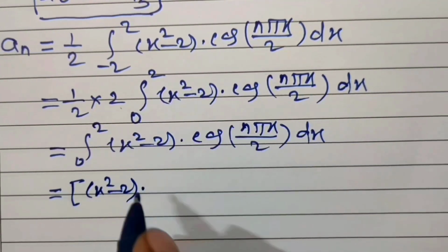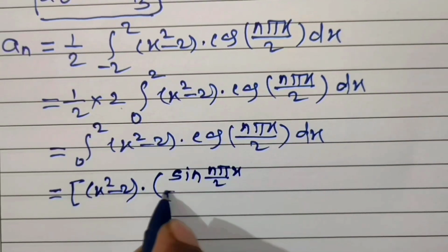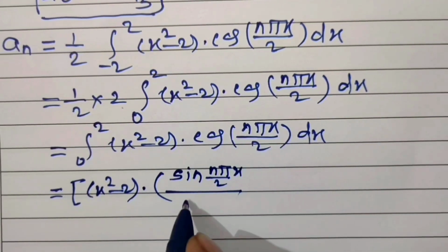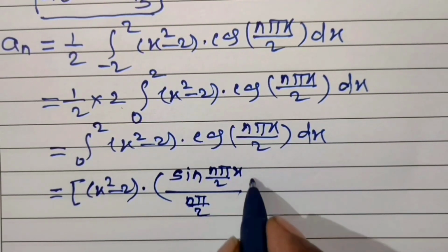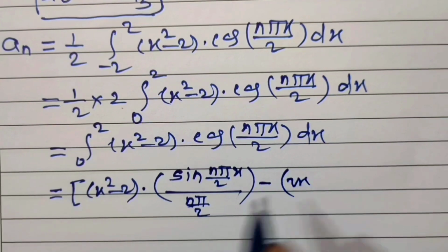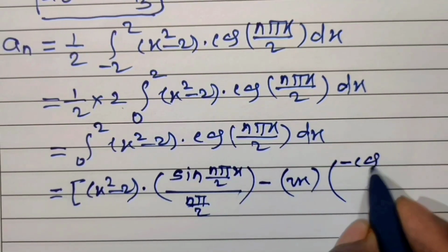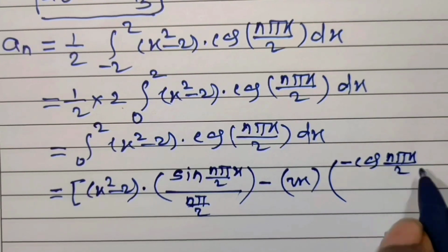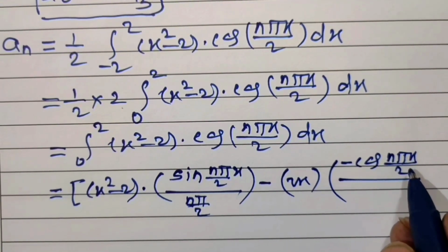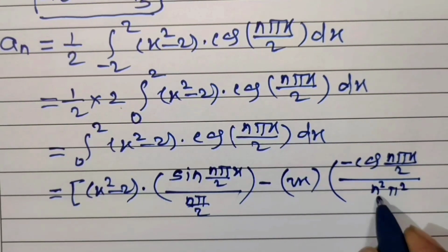Integral of this is sine of n pi x divided by 2, divided by the coefficient of x, n pi upon 2, minus the derivative of x square, 2x, and the derivative of minus 2, 0. Integral of this bracket is minus cos n pi x divided by 2, divided by n pi upon 2, and multiplying that gives n square pi square divided by 4.